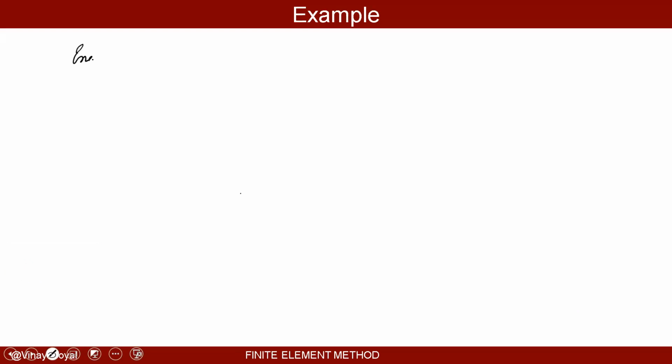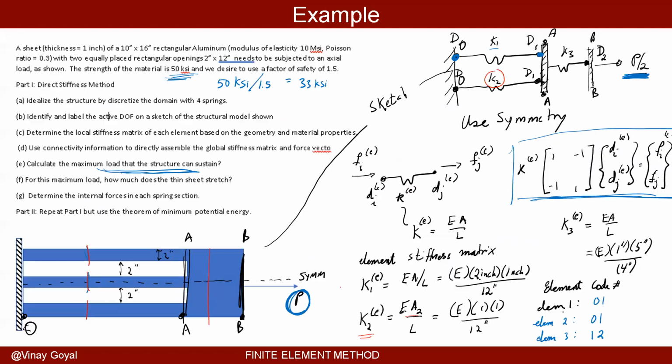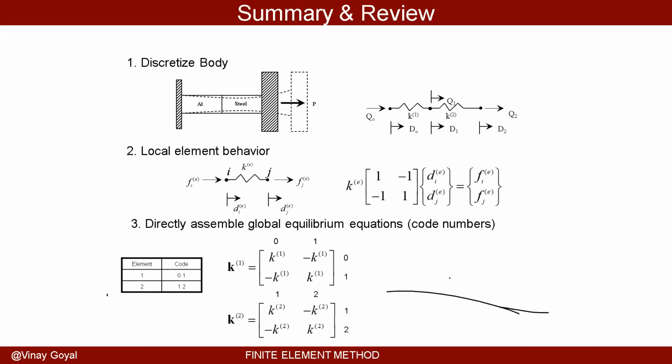Okay, so for the energy, we already idealized the structure by these springs. We already identified what the active nodes are, right? So now what we want to do is to calculate the total potential energy of the structure, and the total potential energy comes from the contribution of the energy of each segment represented by the spring.